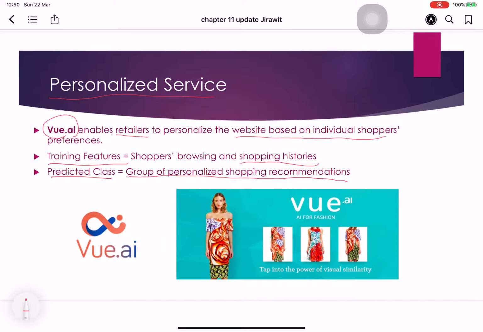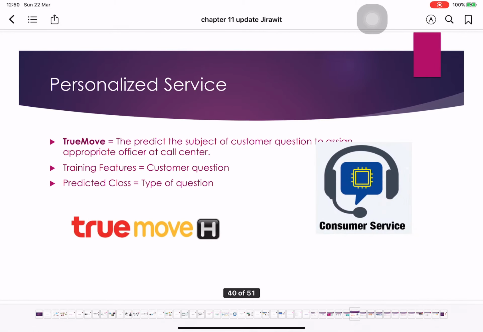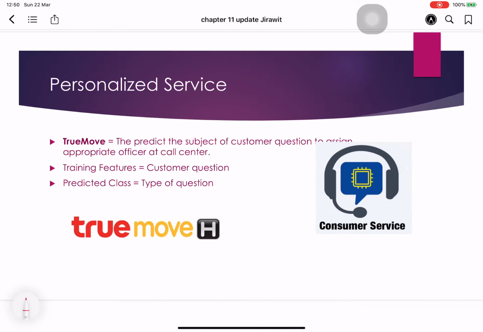This is involved in personal service based on customer behavior. And this is another personal service.